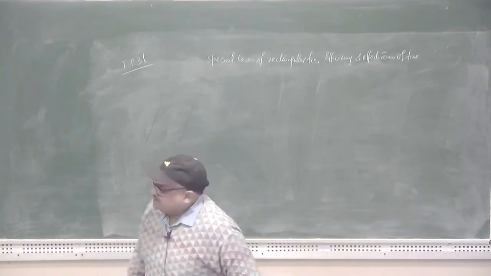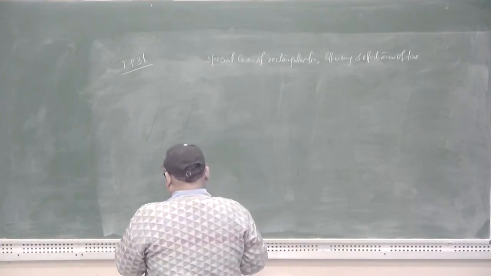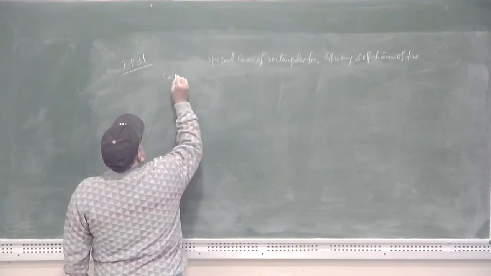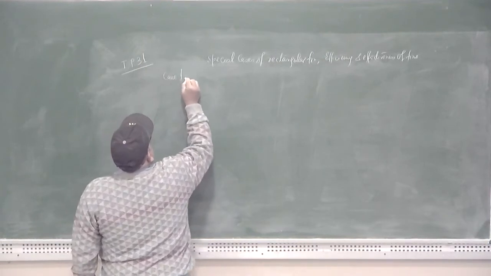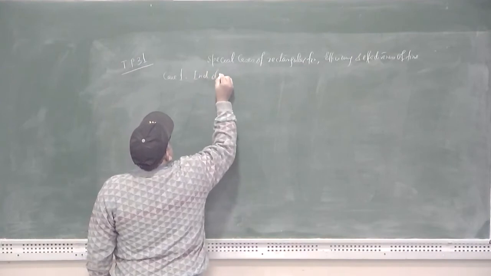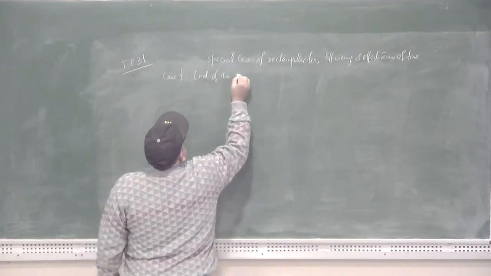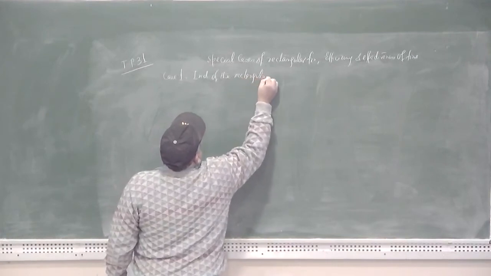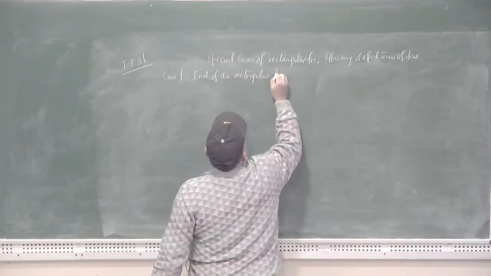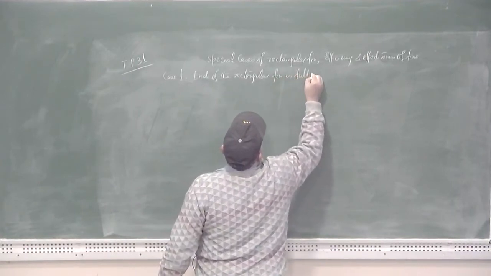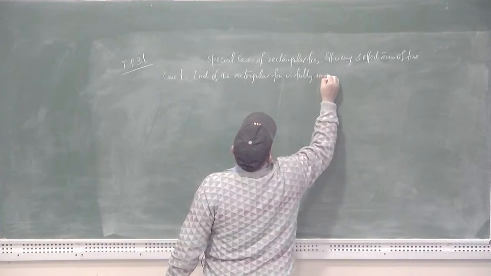So, the first case, case number 1, is: the end of the rectangular fin is fully insulated.